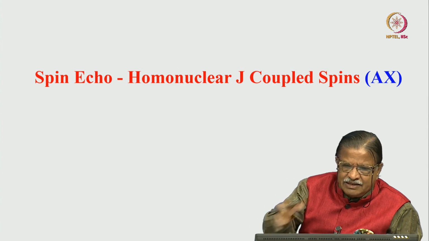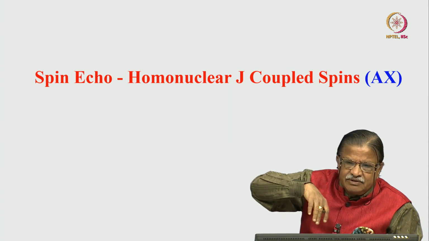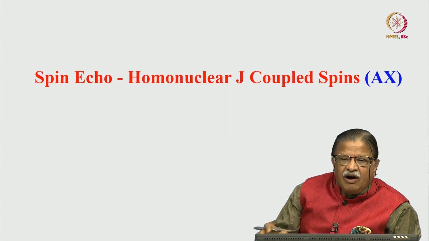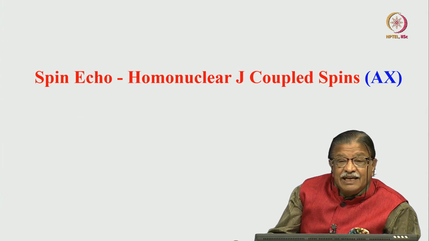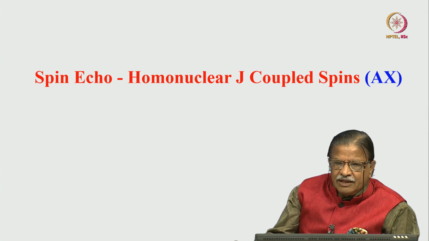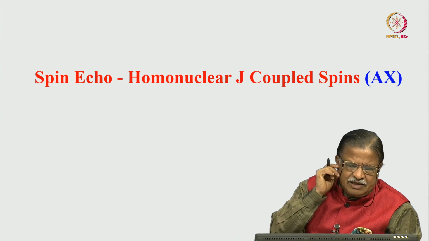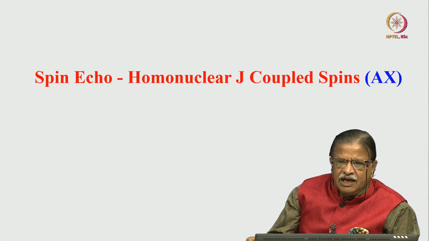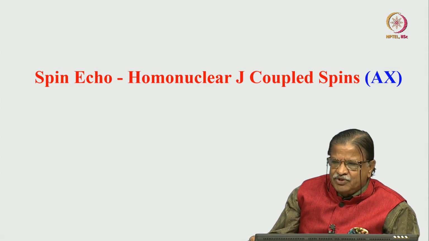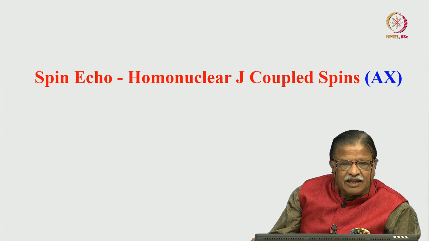Whether you apply it on the X axis or Y axis, no problem. When you have a number of spins with different chemical shifts, that is different offsets, they all will be fanning out at different frequencies. After the 180 pulse, again they will refocus. I showed that. Chemical shifts are refocused. In case there is inhomogeneity, that also gets refocused. If there is a local field because of diffusion, perfusion, molecular motions, then it is an irreversible decay that cannot be refocused.